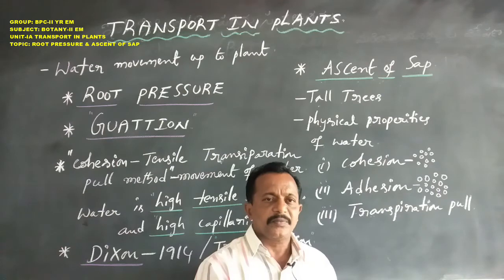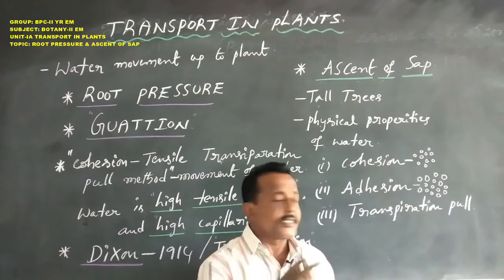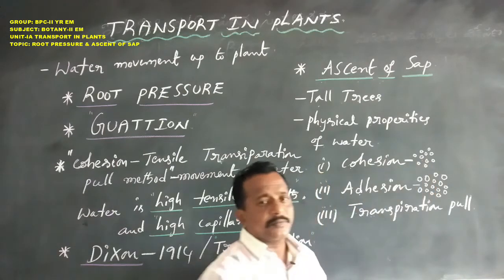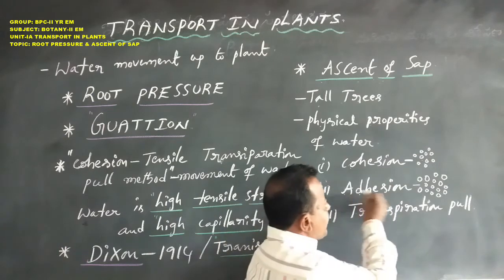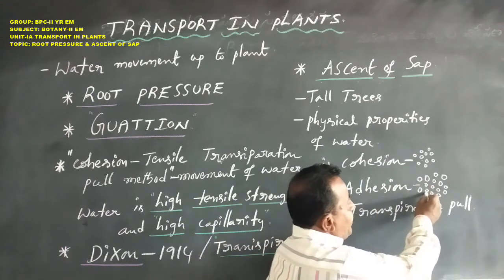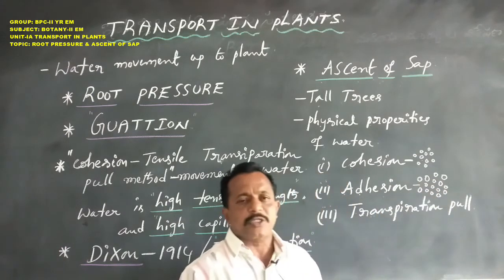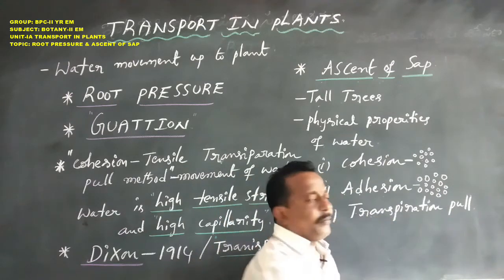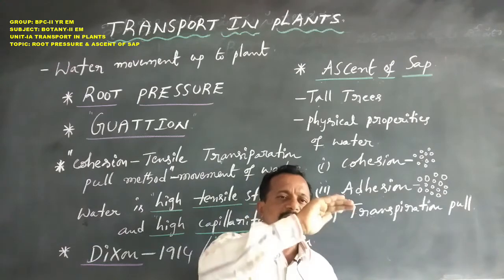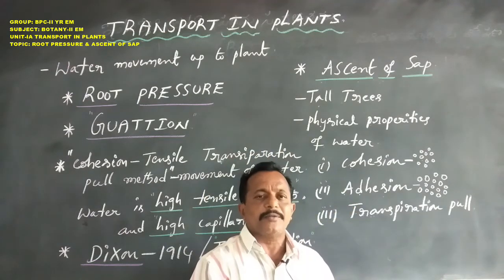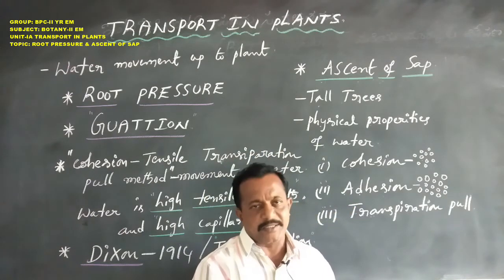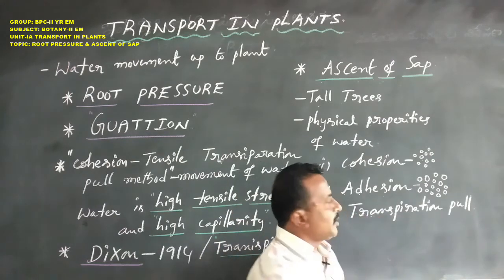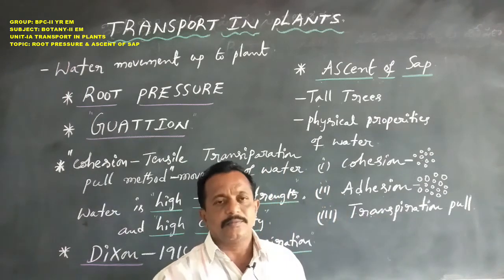Cohesion means the attraction between similar kinds of water molecules. Adhesion means the attraction between different kinds of molecules at the polar surfaces. Third, transpiration pull is the driving force for the upward movement of water in the plants.